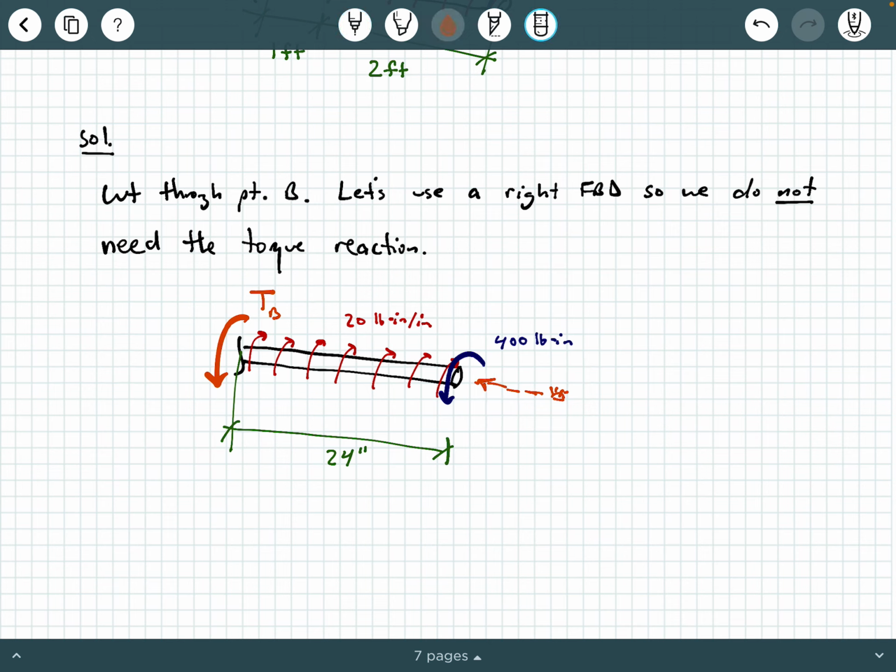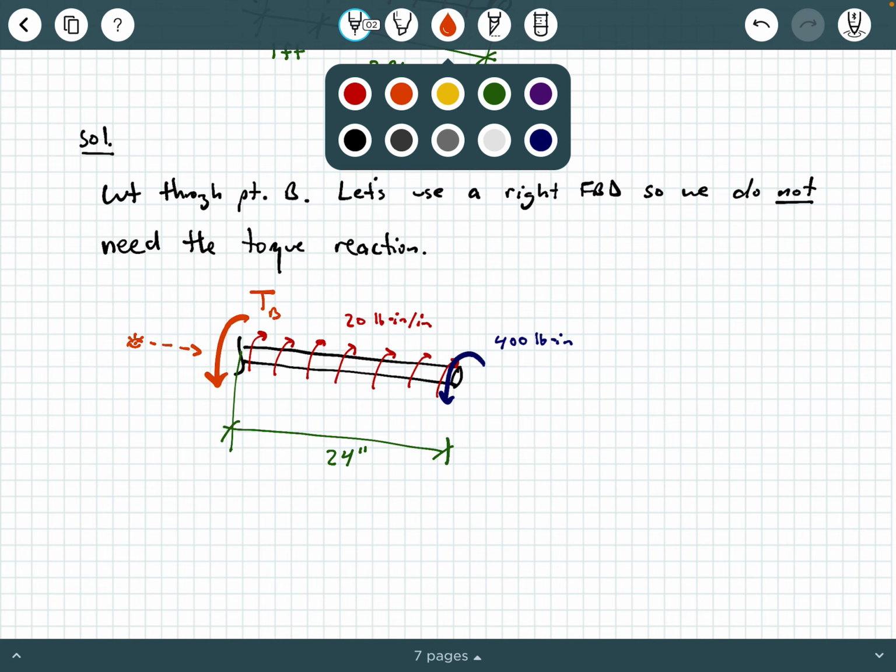Either one is fine, right? You can establish a viewpoint looking in either direction. The point is you need to look along the length of the shaft in one of those directions, all right? So I'm just going to say, let's draw our viewpoint back here and let's look into the cut, okay?